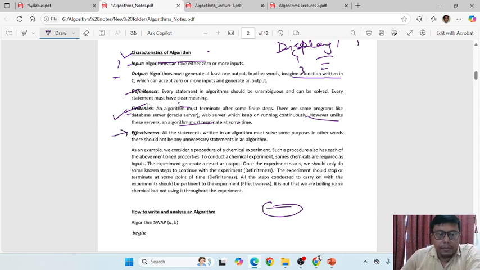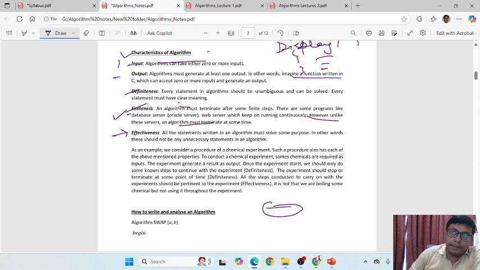Effectiveness. What is effectiveness? All the statements in the algorithm must be written to fulfill a certain purpose. It is not that we are writing any unnecessary statement in an algorithm which does not have any purpose to solve the problem for which we are designing the algorithm.